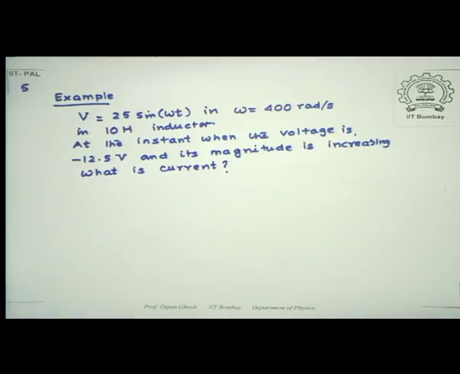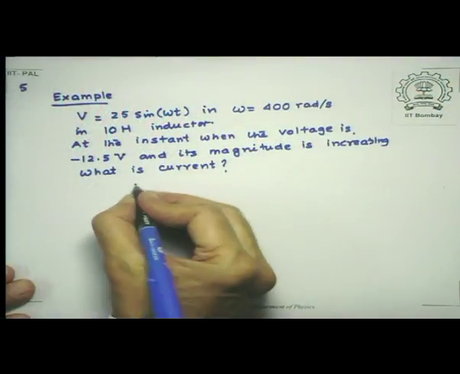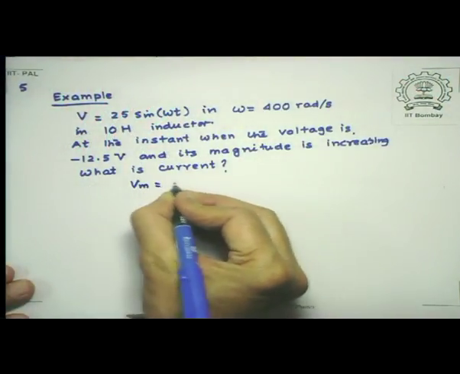This example will sort of help you understand various terminologies that I have been using. So first is the maximum value of the voltage Vm is 25 volts.